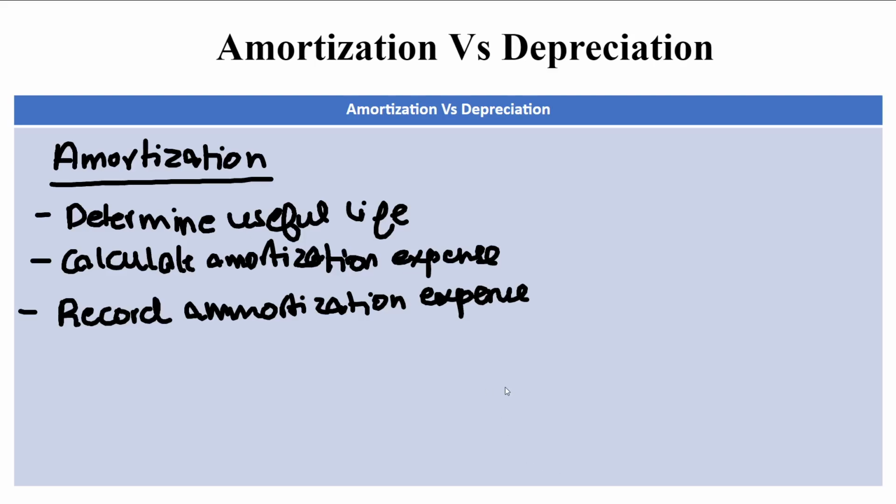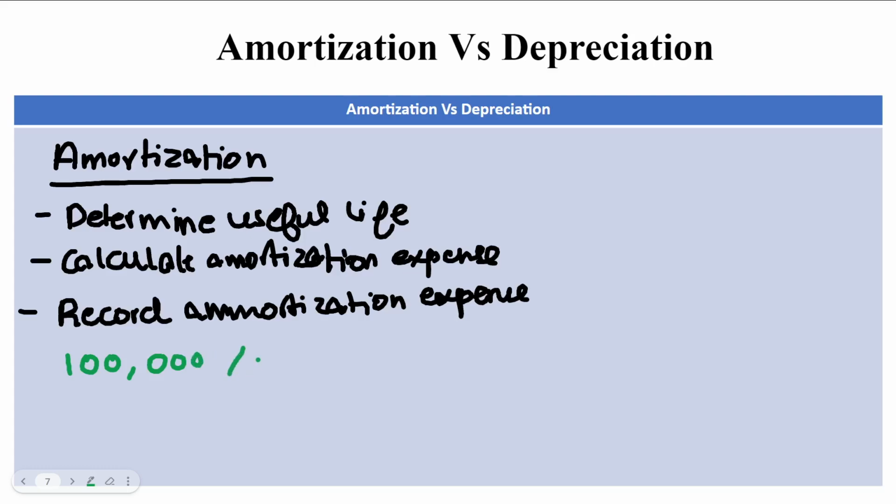Now, we're going to look at an example of amortization so that it's more clear for you on how it works. So let's say a company purchases a patent for $100,000 with a useful life of 10 years. Now the annual amortization, or basically per year, is going to be 100,000, which is the original price, divided by the useful life.